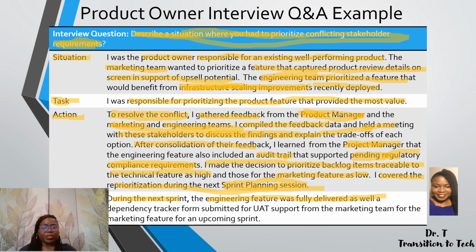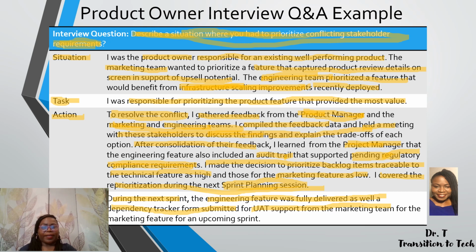That was the next sprint. But the team also started looking at what dependencies would need to be in place and met for the marketing team to support that testing of the new feature.